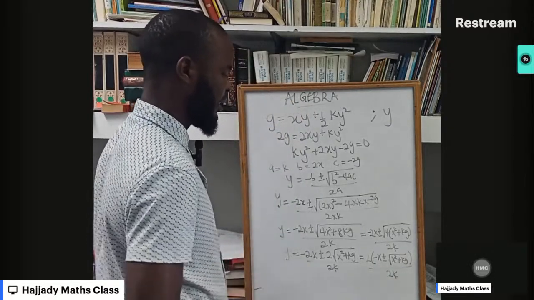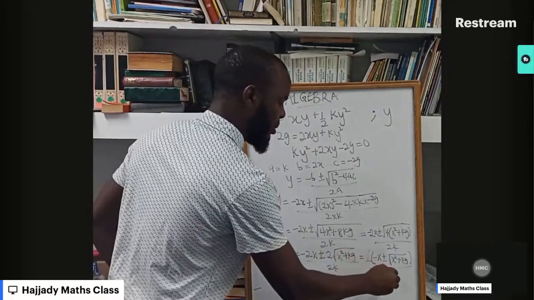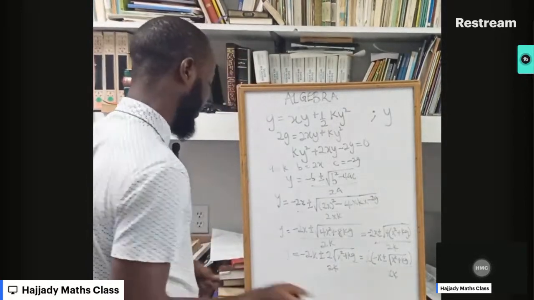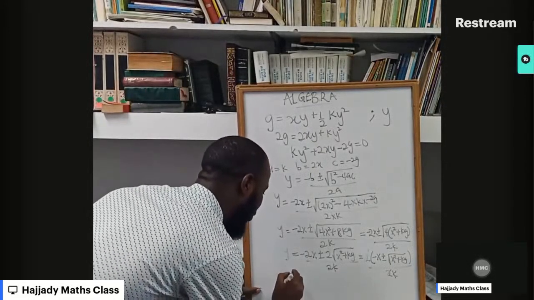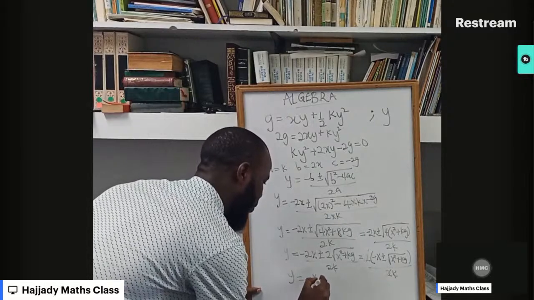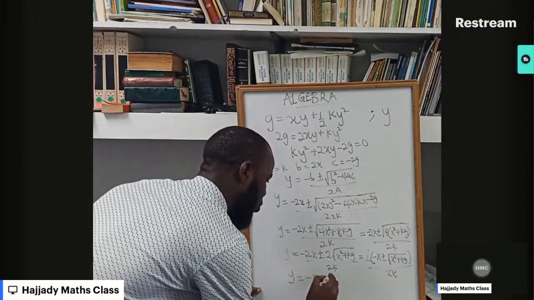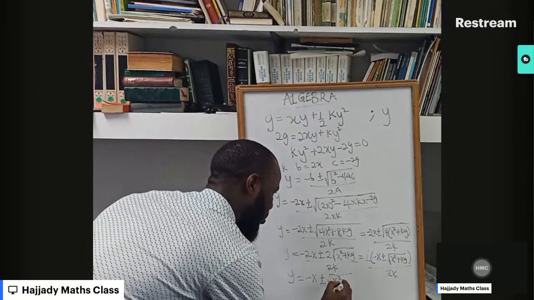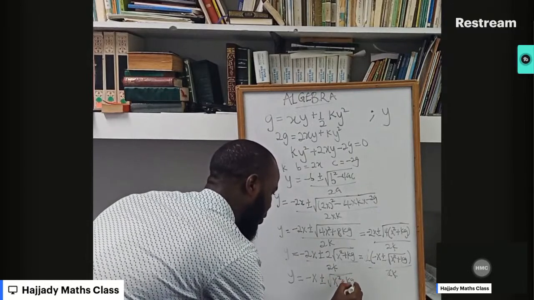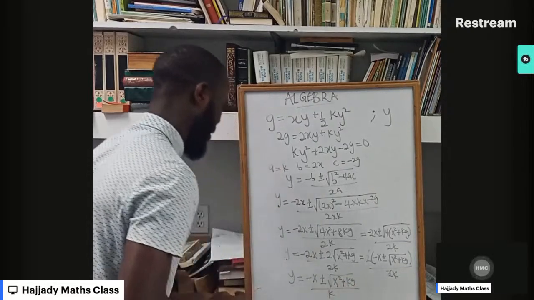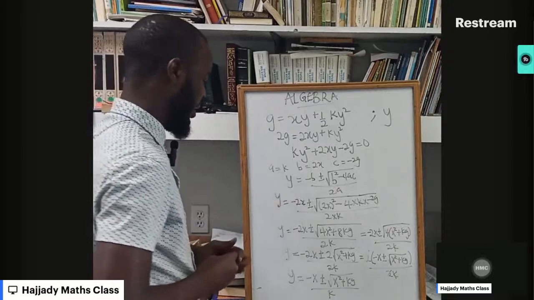So looking at this, 2 can possibly cancel out 2. And finally, I'm going to have y equals negative x plus or minus root x squared plus kg over k. This is going to be my final answer.